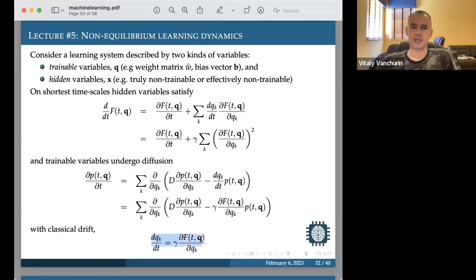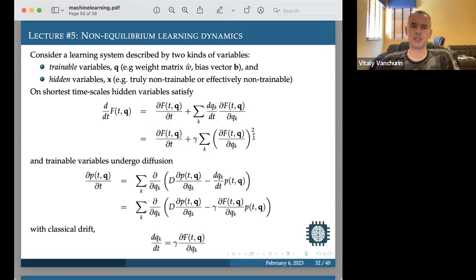And so this is an equation that describes the stochastic gradient descent nature of the evolution. Okay, good. So then we can just substitute dQ/dt here to get the final expression of how the free energy of those non-trainable variables, of those hidden variables, would change. All right, that's one equation.